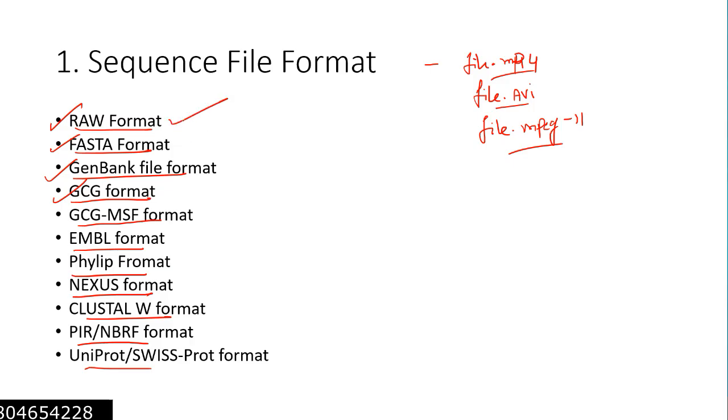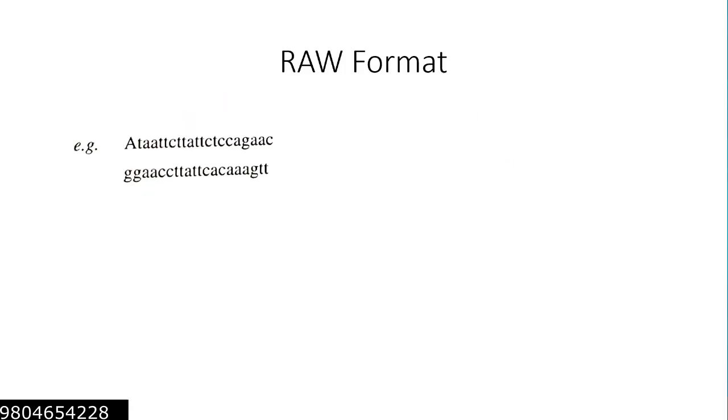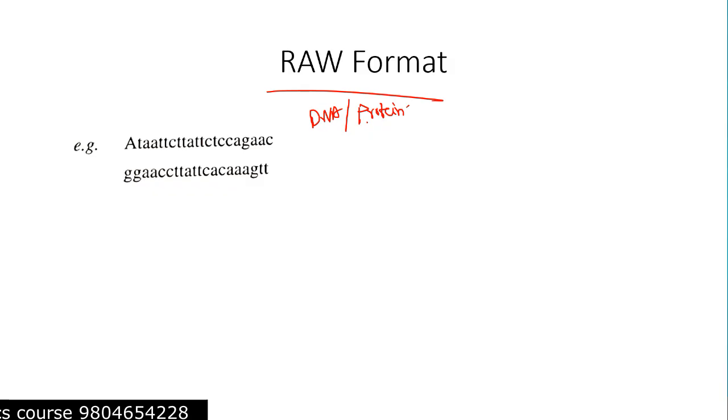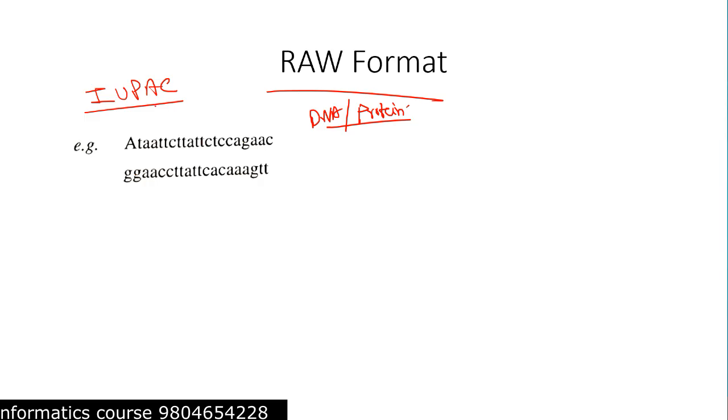For example, if you start with the raw format, the raw format is just the sequence of DNA, either DNA sequence or protein sequence, nothing else, just the sequence. In this case only IUPAC characters are allowed.